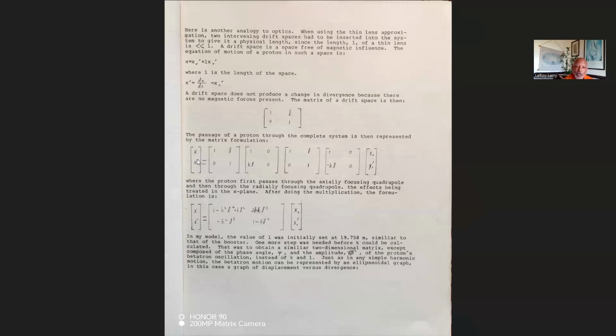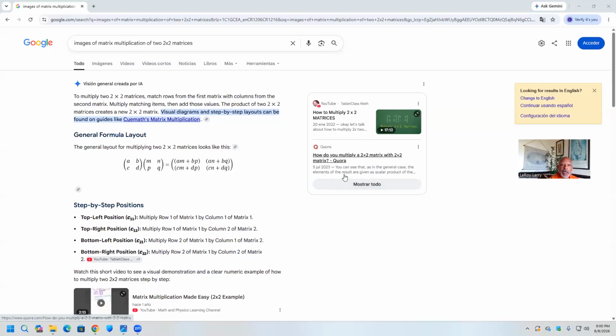So we have 4 2x2 matrices. What we need to do is multiply these 4 together to get 1. And what we do is we use this. When you have to multiply matrices together, in this case, 2x2 matrices, this is the formula that's used.